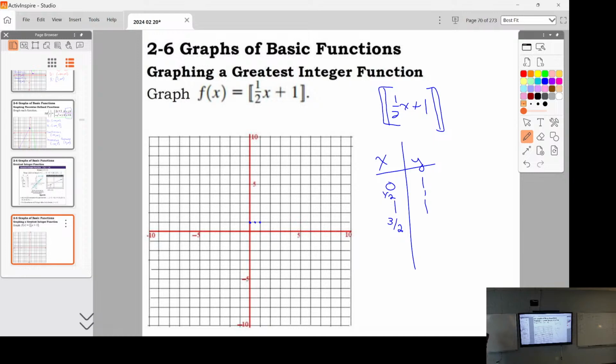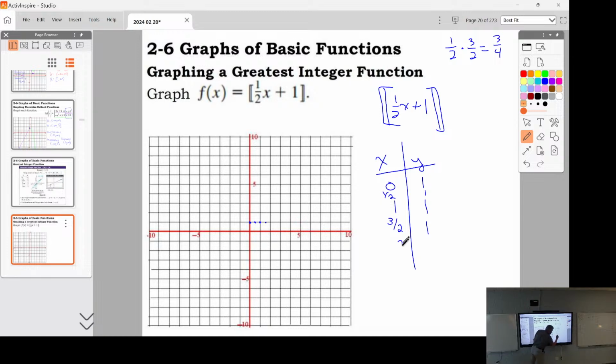A 1/2 of 3/2. It's 3/4. Remember, of means times. And 1/2 of 3/2 is 3/4. And 3/4 plus 1 is 1 and 3/4. And the greatest integer of that is still 1.